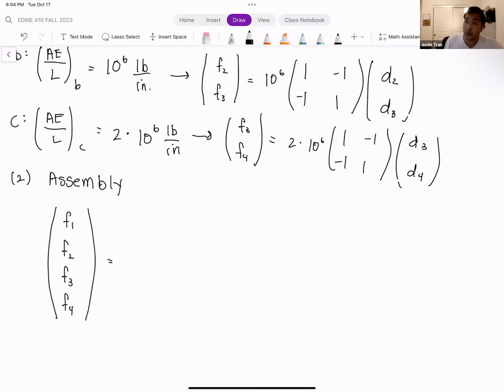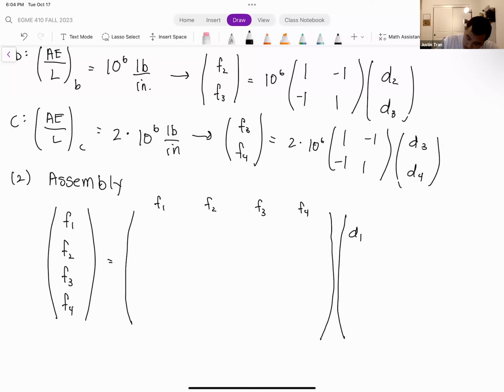Okay, so we have 4 nodes, and so our global stiffness matrix here is going to be a 4 by 4. Let me go ahead and label all the columns here: F1, F2, F3, F4. D1, D2, D3, D4.